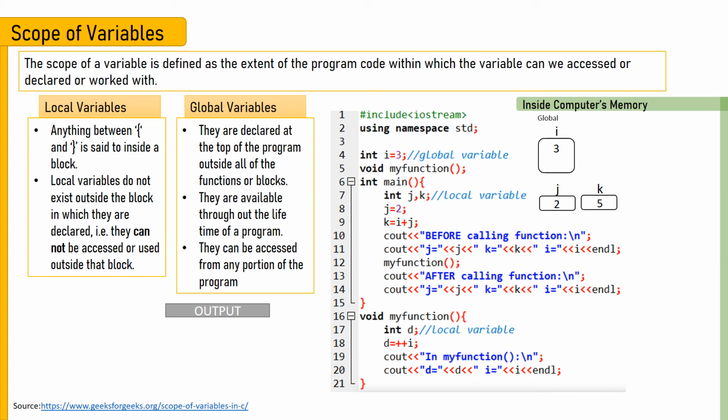In line 10, the instruction will display, before calling the function, the values of j, k, and I, which are j equal to 2, k equal to 5, and I equal to 3. Next, we have a function call in line 12 to invoke the function definition in line 16.